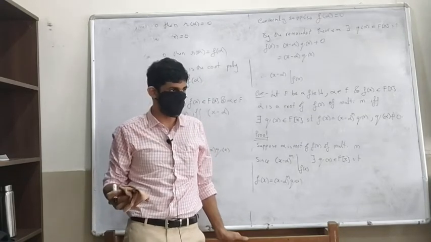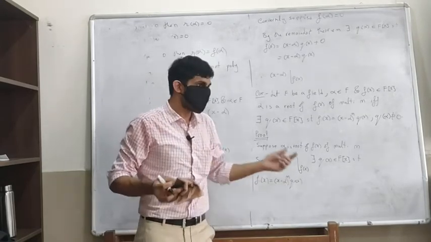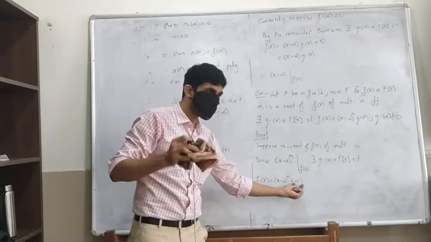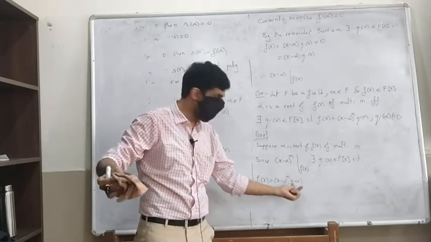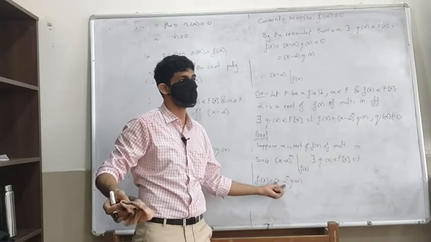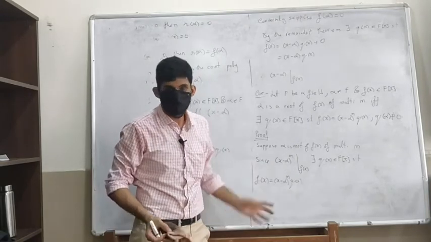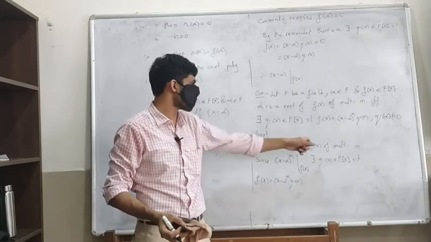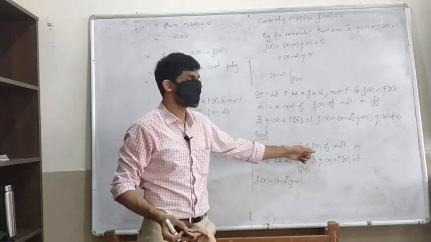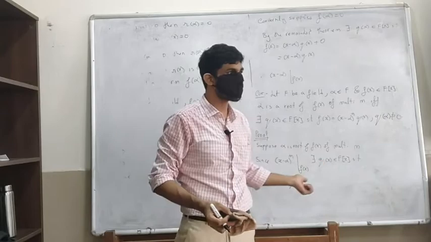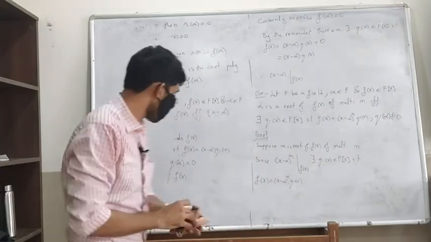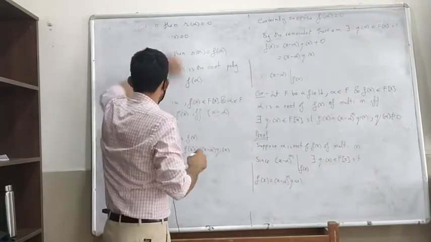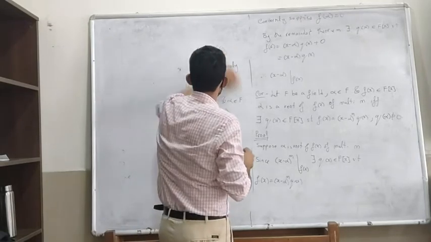That's the definition of divides, right? Now combine that with this, and you will get x minus alpha raised to m plus 1 times g of x. That will mean that x minus alpha raised to m plus 1 divides this. That is a contradiction to the fact that this is a root of multiplicity m, because x minus alpha raised to m plus 1 will divide it. Okay, so that's the way we can approach this.